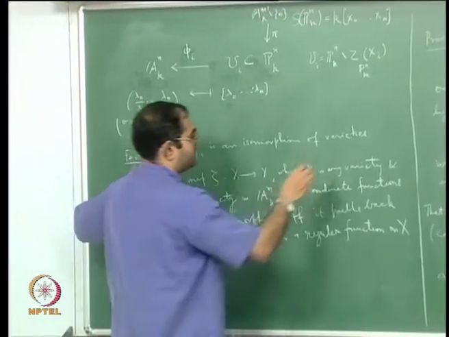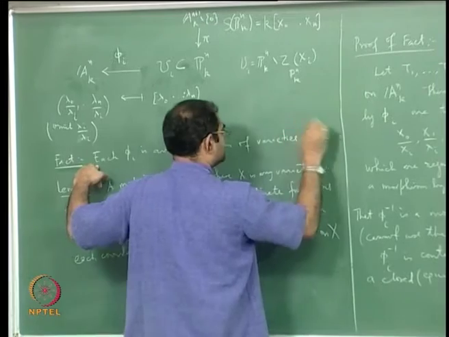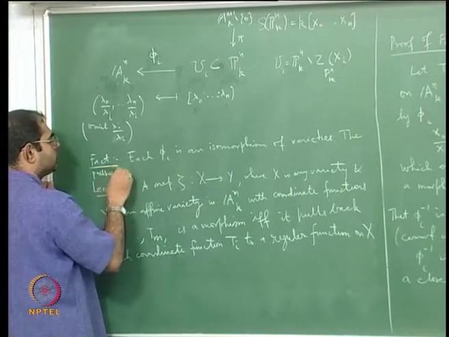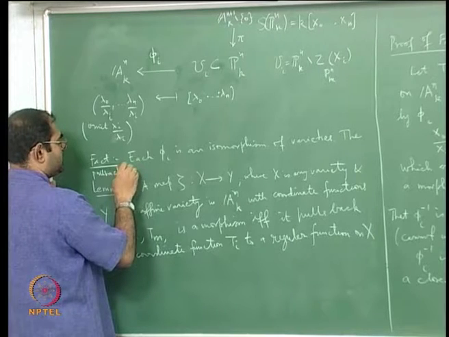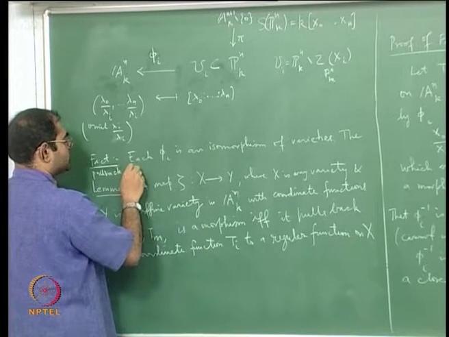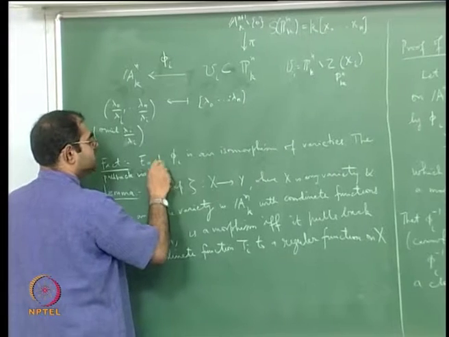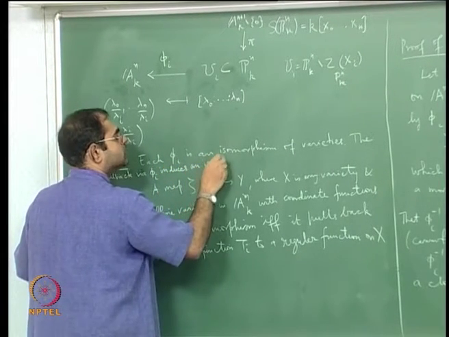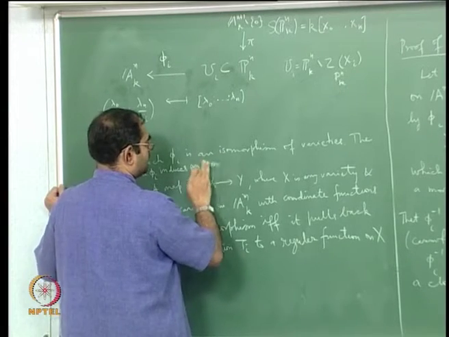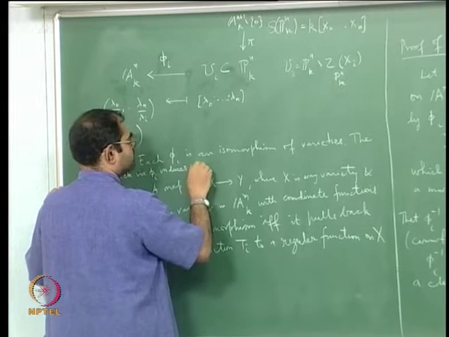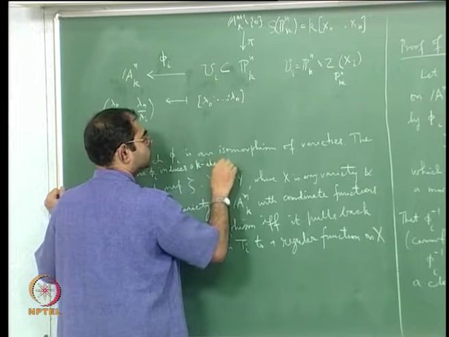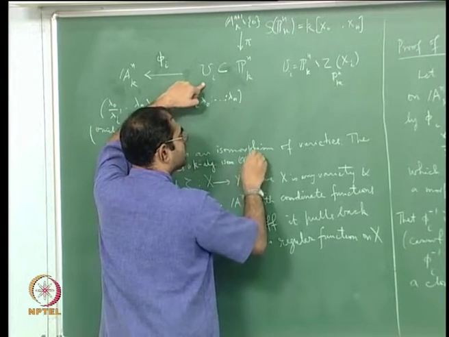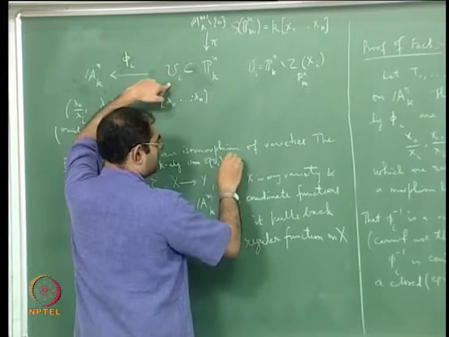The pullback via phi I induces a K-algebra isomorphism from the regular functions on ui, which is the following.